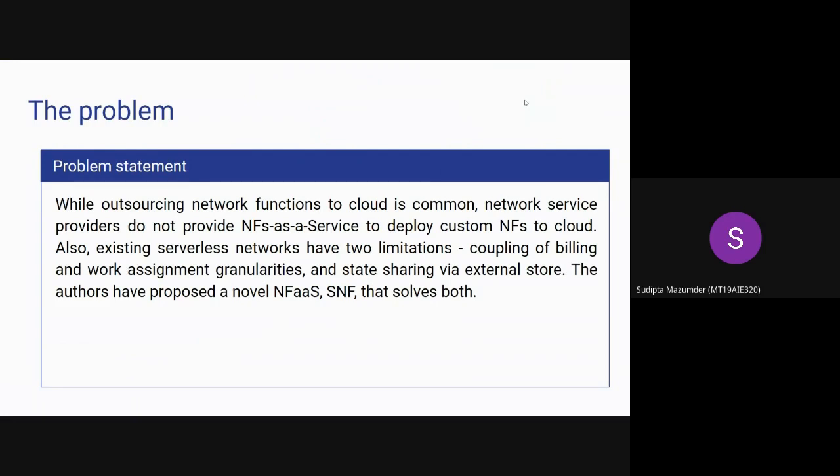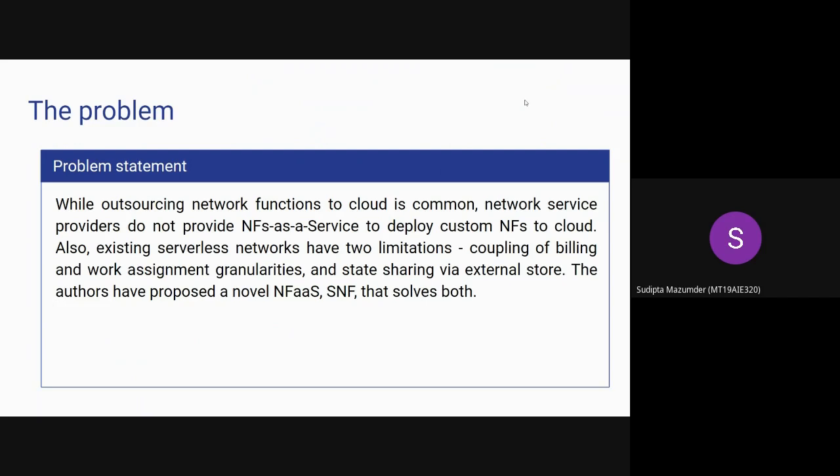While outsourcing network functions to the cloud is becoming more common, network services currently do not provide us with any network function as a service, or NFaaS, to deploy custom-built network functions to the cloud. If anything we want to deploy uses the existing framework, it will be fine, but anything beyond that is currently not supported.